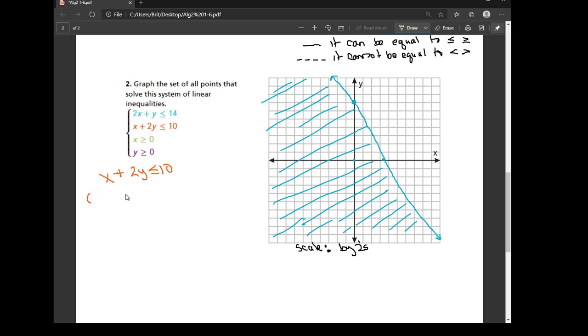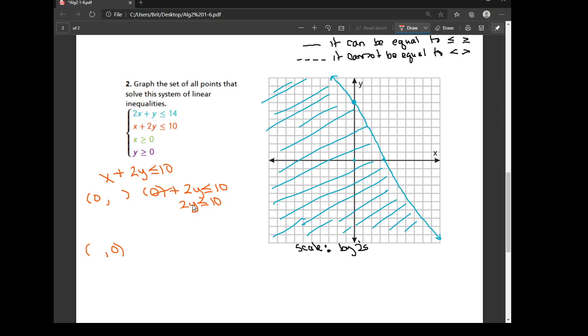And I'm going to find the two intercepts. I'm going to plug in a 0 for x to figure out where it intercepts the y-axis, and then I'm going to plug in a 0 for y to figure out where it intersects the x-axis. So here, where x is, I'm going to replace it with a 0. So I get 0 plus 2y is less than or equal to 10. Adding 0 to anything doesn't matter, so I get 2y is less than or equal to 10.